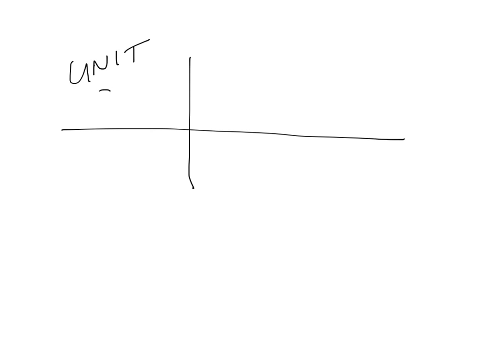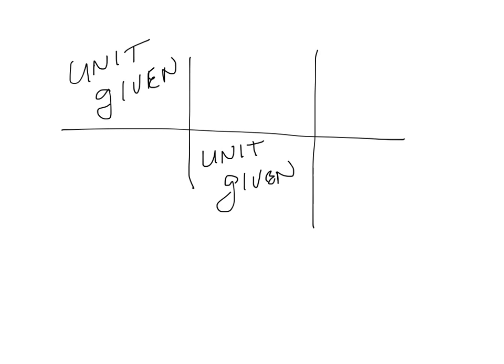So we'll take a quick review. Put on top of my number line the unit that was given. And I immediately take my unit that was given and put it over here on the second box. So in the top of my second box is the unit I'm going to.